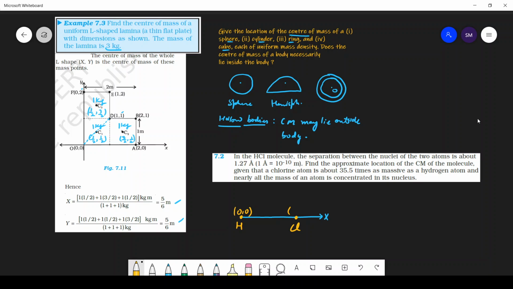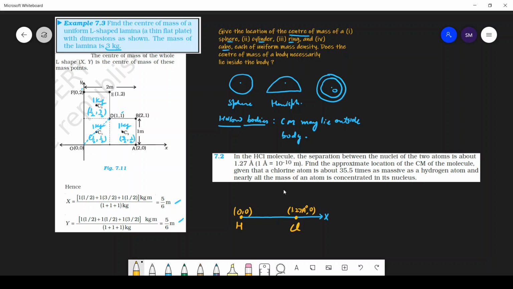It is given that the separation between them is 1.27 angstrom. So this length will be 1.27 angstrom on the x-axis, and the y coordinate is 0. So we have only the x coordinate.